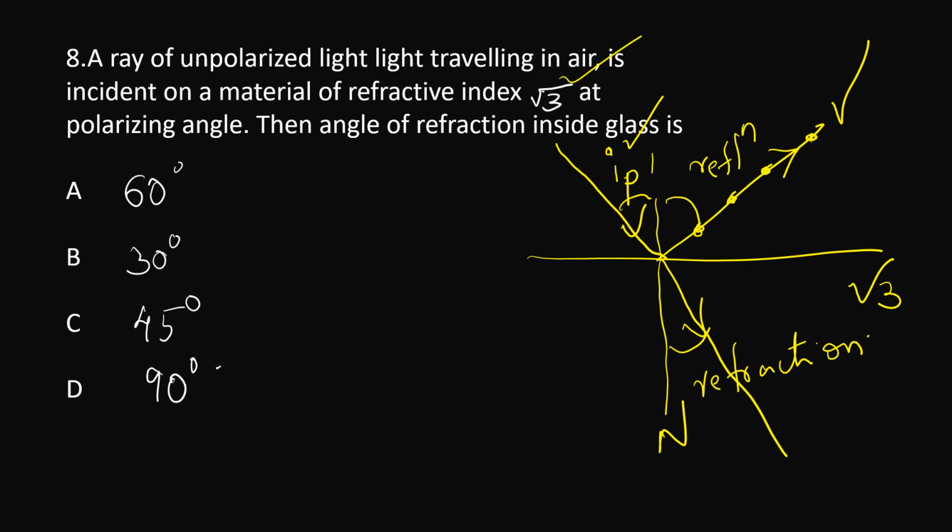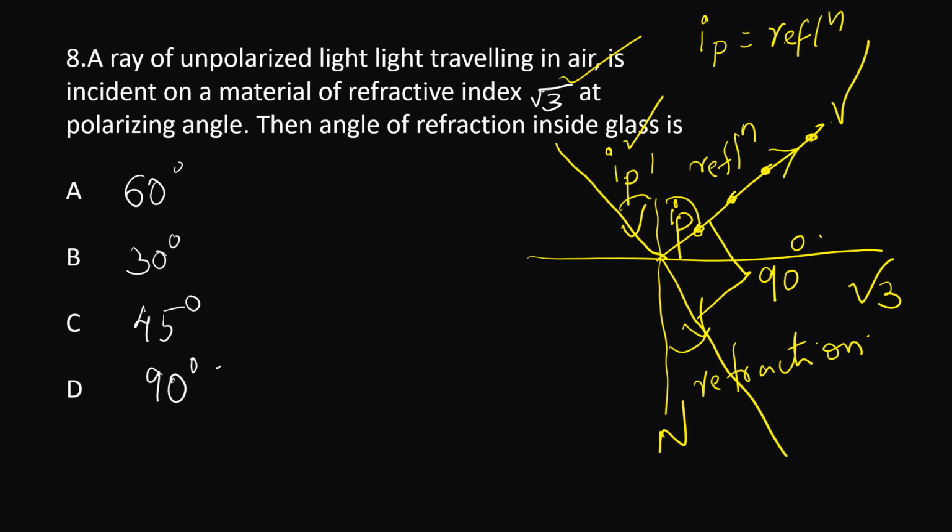We know that the angle of incidence is equal to the angle of reflection, so we can write this also as IP. And also at Brewster's angle, the angle between the reflected ray and the refracted ray becomes 90 degree. So let us consider all these things and find out the value.